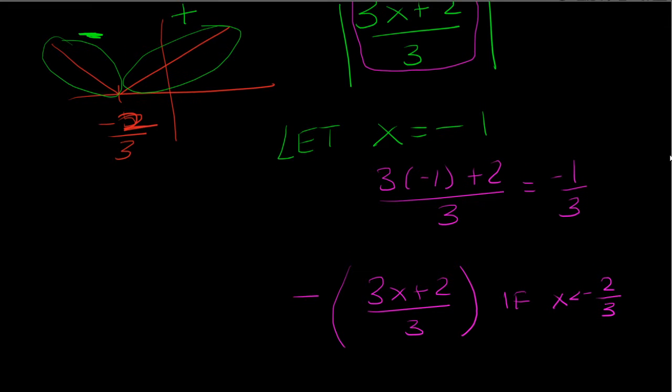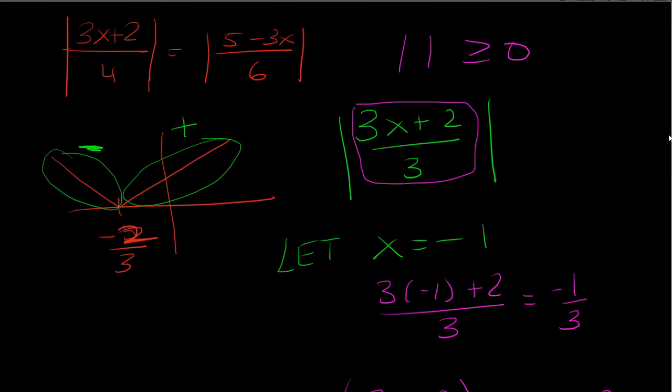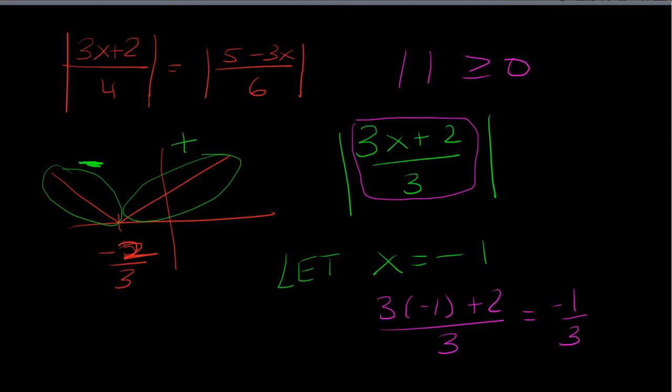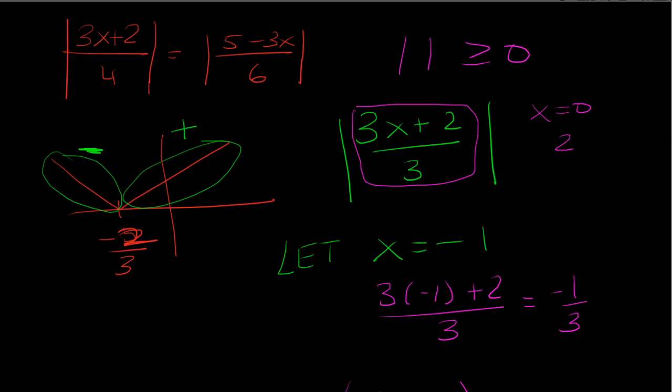Let's pick a number that's greater than negative 2/3. Let's say 0. If I plug in x equals 0 here, I get 2/3. So it's positive. That means I can remove the absolute values.